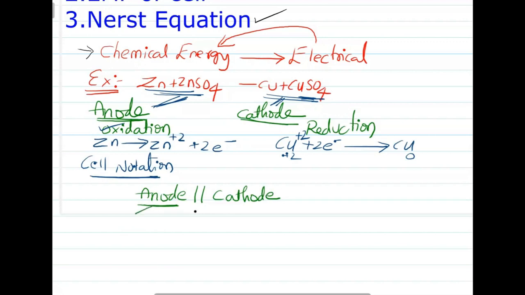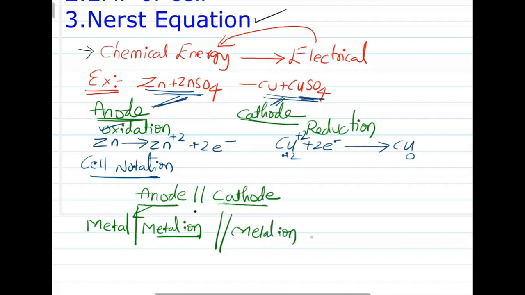Inside the anode also, first you represent the metal of the anode, followed by one vertical line, then its metal ion. This metal ion indicates the electrolytic solution because metal ions are present in the electrolytic solution. For the cathode, first you write the metal ion, followed by the metal of the cathode. This is the way to notate the cell.